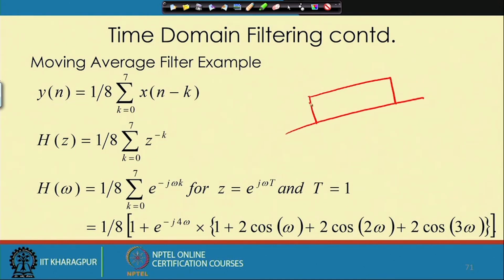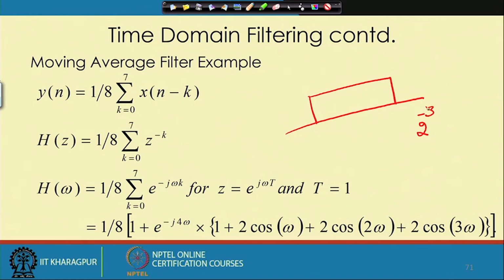It is uniformly weighted at all the points, and to take care of the scaling there is a term 1 by 8, which can be represented by 2 to the power minus 3. That means this division can be implemented with the help of 3 shifts to the right.